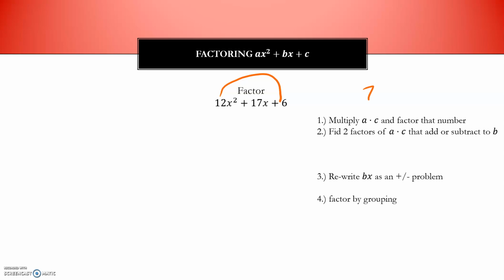12 times 6 is 72. Factors of 72: 1 and 72, 2 and 36, 3 and 24.